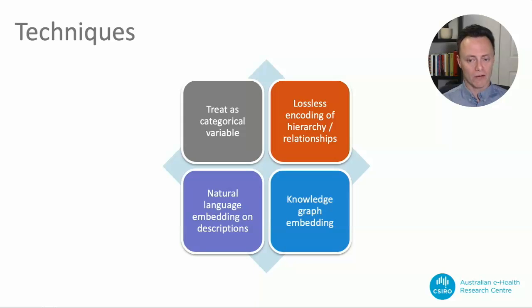We'll describe a method for extending this type of encoding to include information about hierarchy and relationships from the terminology. Then we will talk about techniques for making use of the natural language descriptions within the terminology. Finally, we will cover techniques for learning embeddings by training models on the structure of the terminology itself.